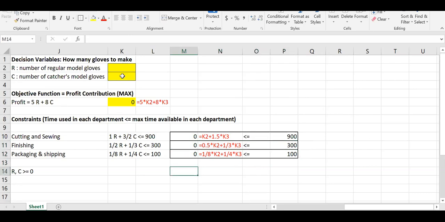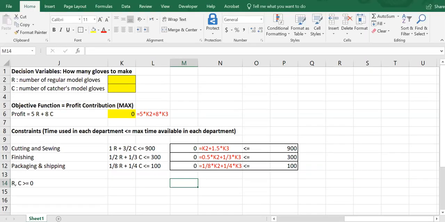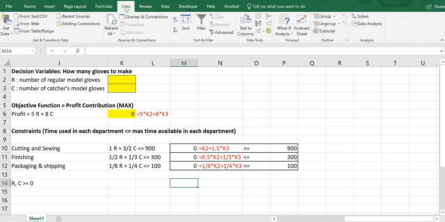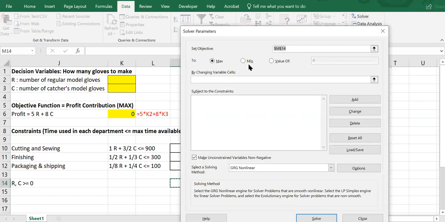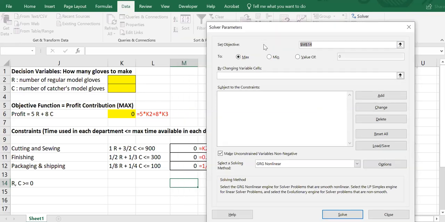So I have my decision variables, the objective function, and the constraints, the left-hand side and the right-hand side. Now I can go to the Data tab, go to Solver, and start putting the model into the Solver parameters window.